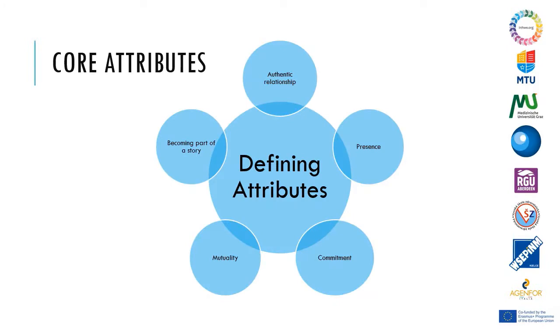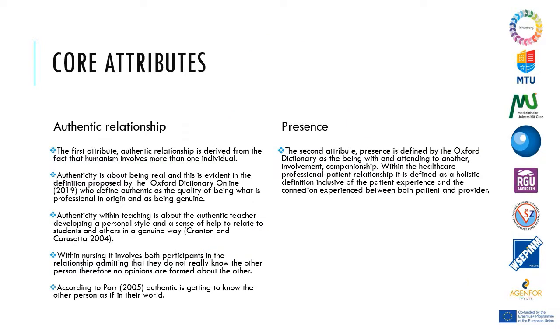There are 5 core attributes to humanism: authentic relationships, presence, commitment, mutuality, and becoming part of a story. The first attribute, authentic relationships, is derived from the fact that humanism involves more than one individual.